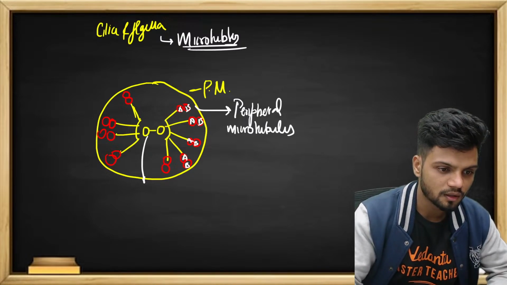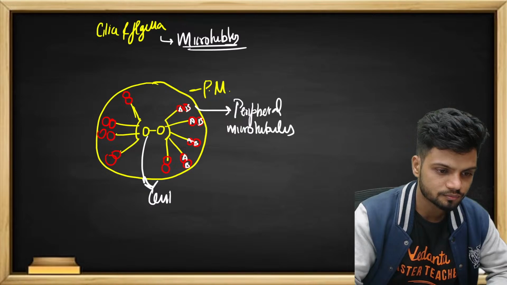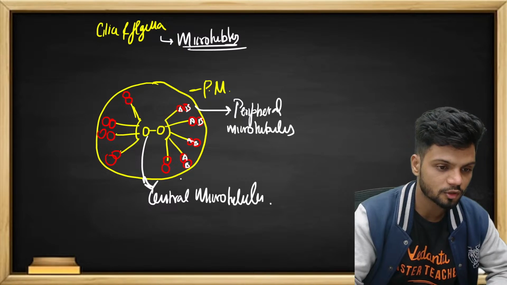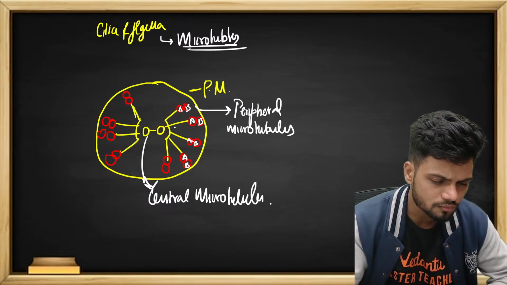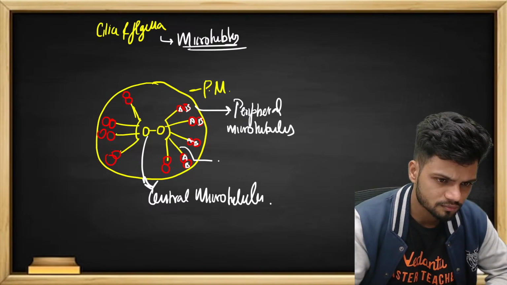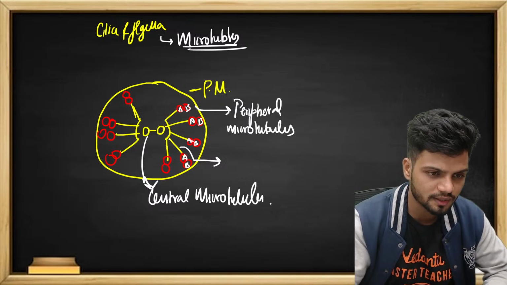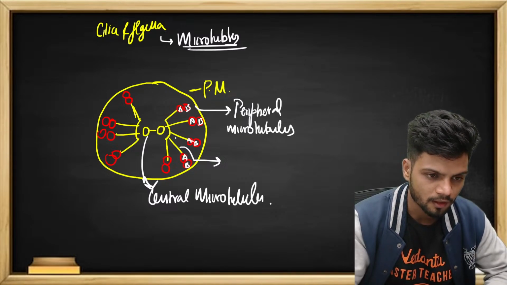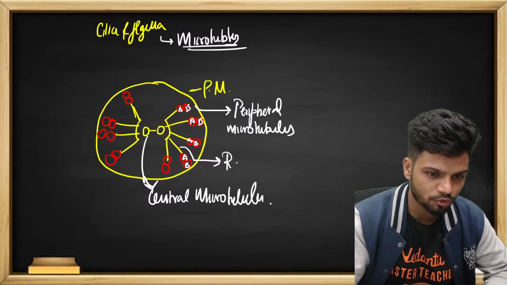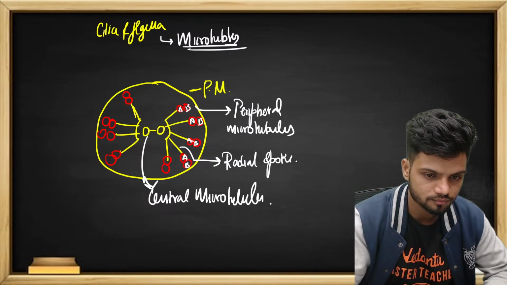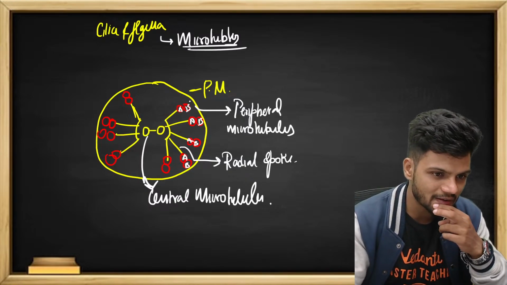What about the center part? This is called the central microtubule. Now, what is this rod-like structure connecting the central to the periphery? It is called the radial spoke.